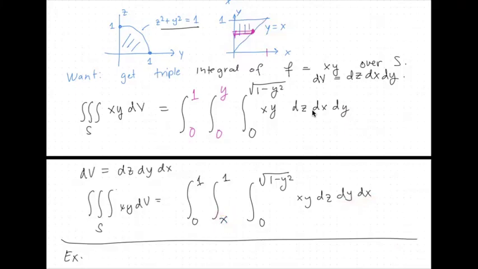Actually, you can put here z equal to this, z equal to this, and y equal to this. It's no problem if you put this notation, it's understood.